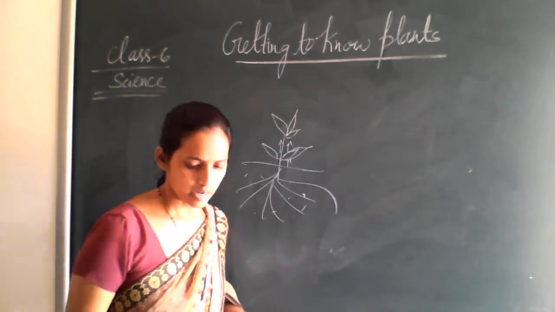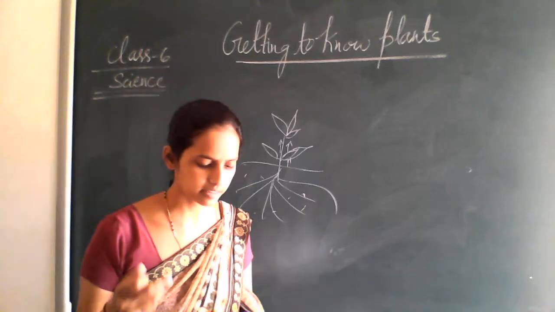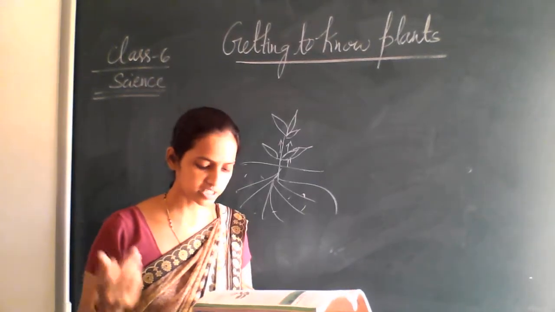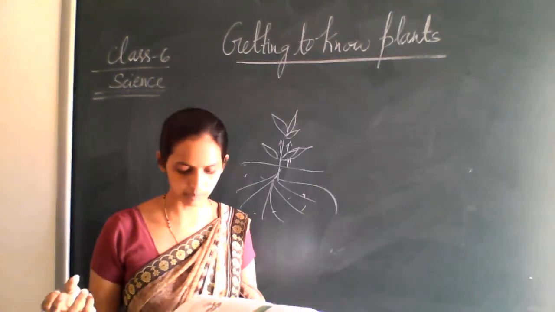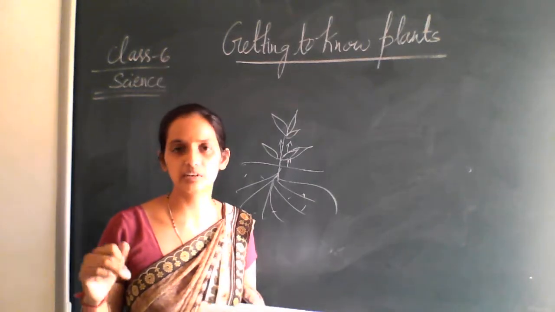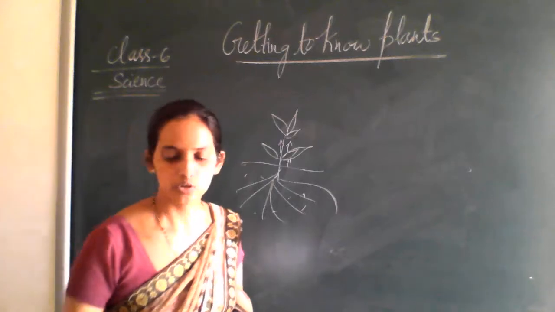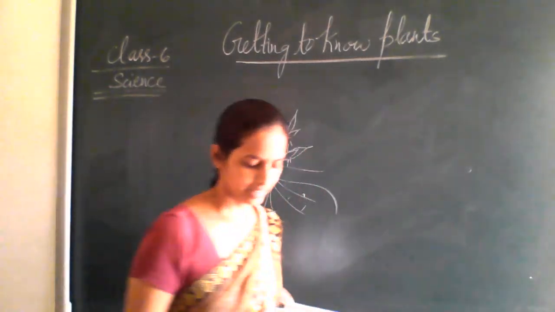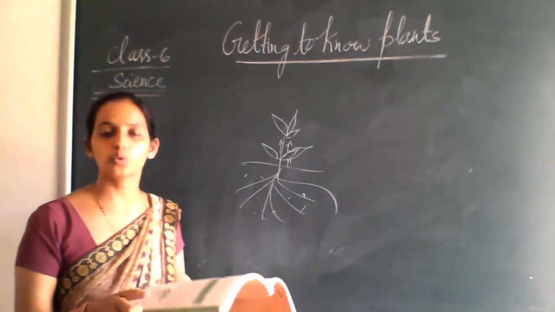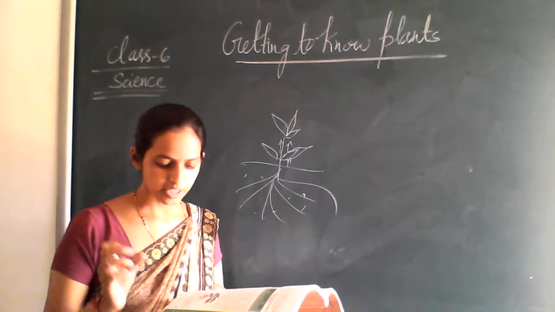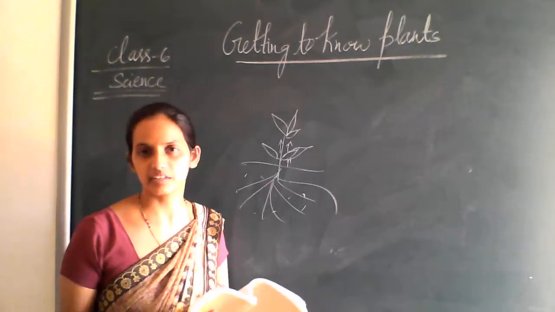So in yesterday's class we have seen that the stem is called a two-way traffic system, or the two-way traffic street, right? So in figure 7.18, the stem has a two-way traffic street, right?